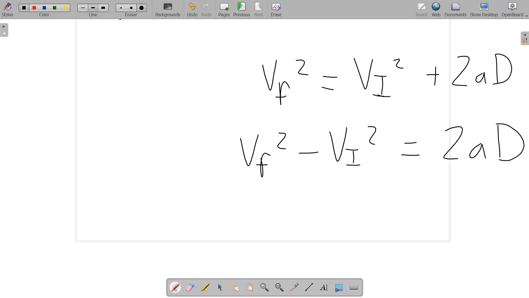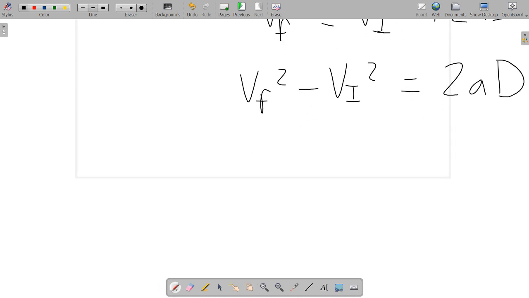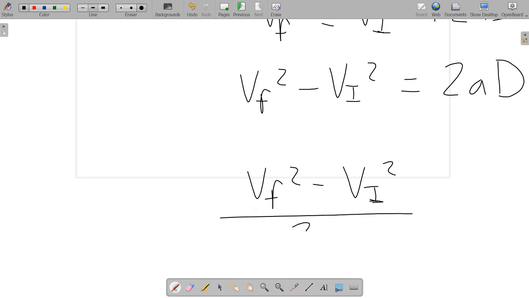So from there, we can then get displacement by itself. And that's easy. In order to do that, we need to divide by 2a. Whatever we do to one side of the equal sign, we have to do to the other. So I'm going to write that now. Final velocity squared minus initial velocity squared, all of that divided by 2a is equal to displacement.